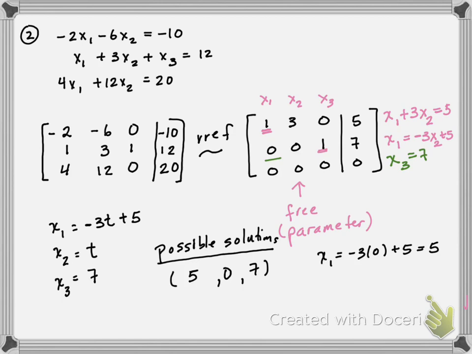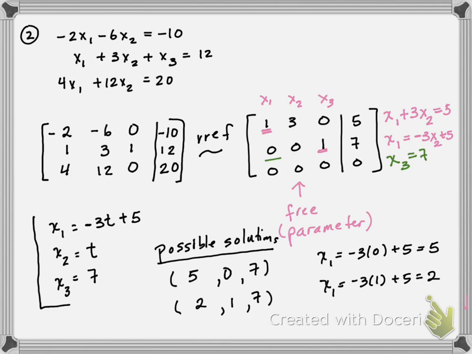Can I have another one? Sure. x3 is always 7, so I can't choose x3, but let's choose x2 to be 1. Can do that. What would be x1? Negative 3 times 1 plus 5, which is 2. So 2, 1, and 7 is another solution, and I can figure out as many of them as I want.